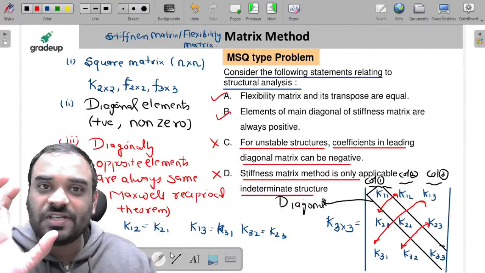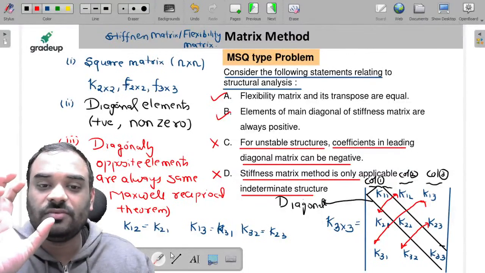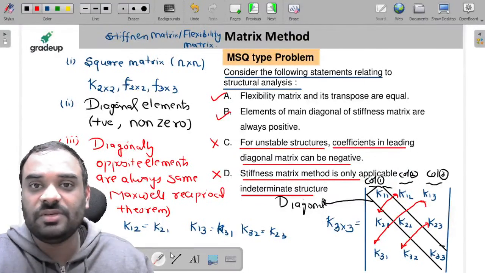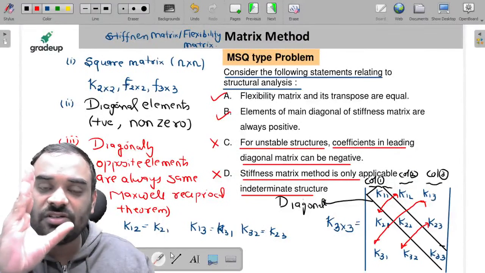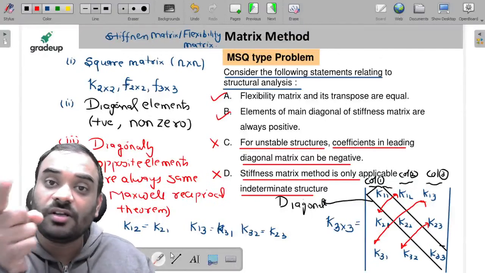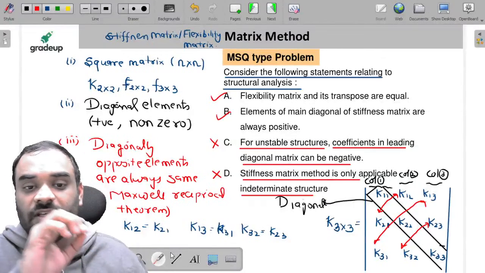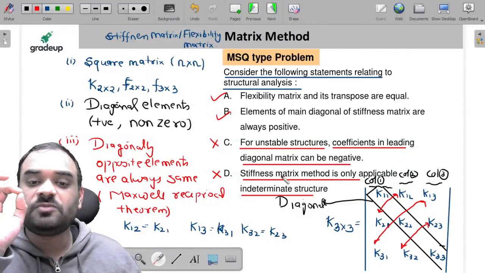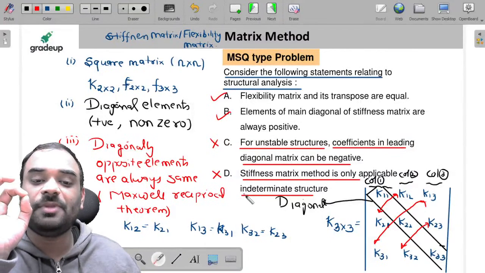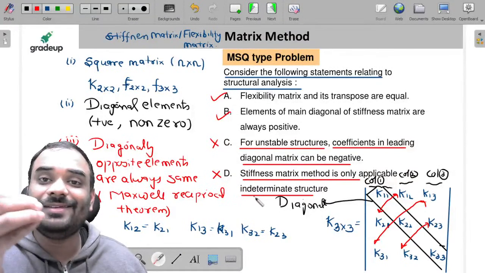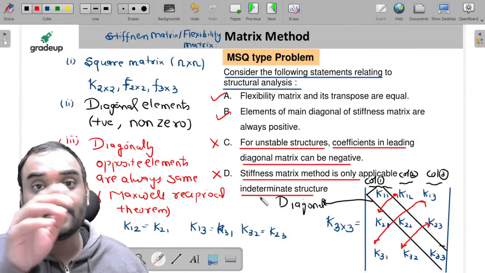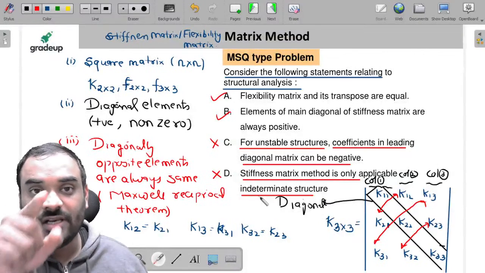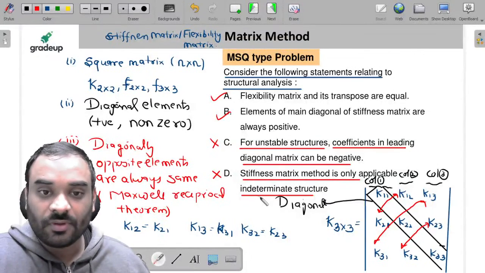Whenever in structure analysis they give a question like whether this particular structure is determinate or indeterminate, the basic or general indeterminacy is based on the static one. So they are saying that stiffness matrix method is only applicable to statically indeterminate structure. No, my dear friends, it is also applicable on statically determinate structure. How is it possible? Let me show you.